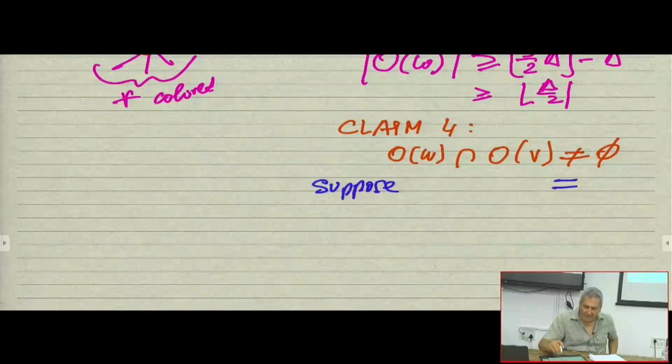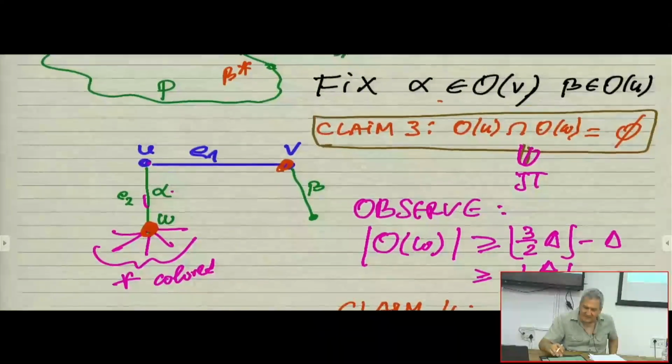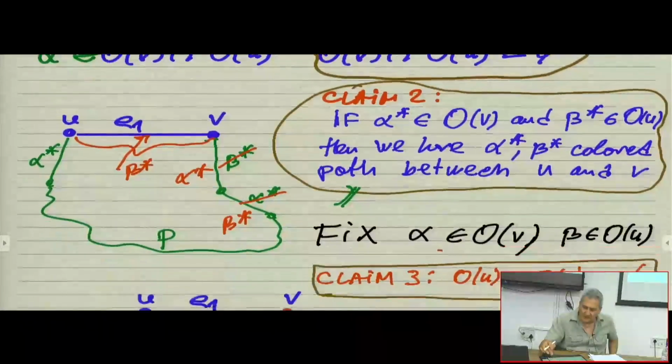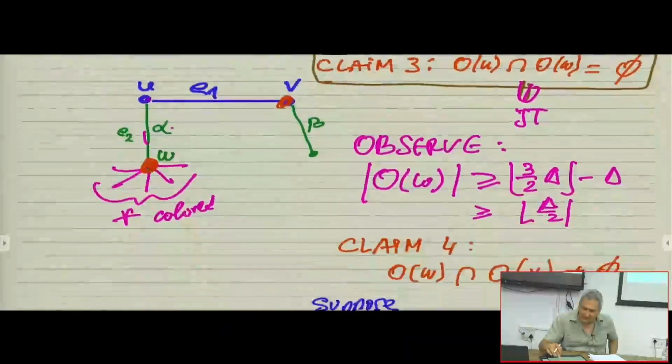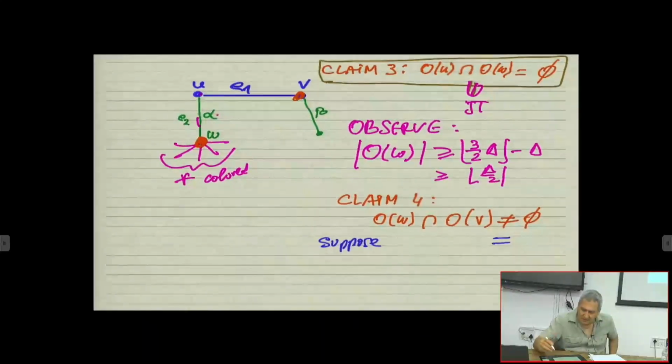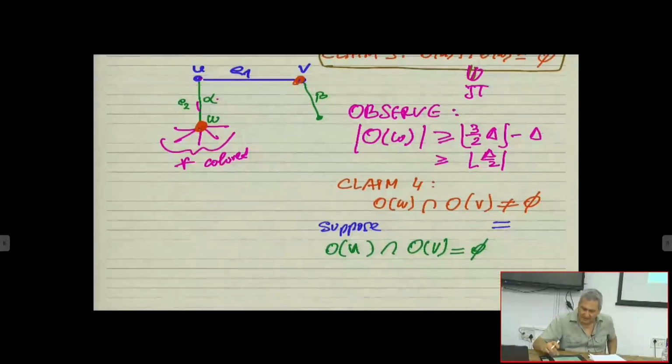But look at claims 3 and claim 1. Claim 3 and claim 1 say what?